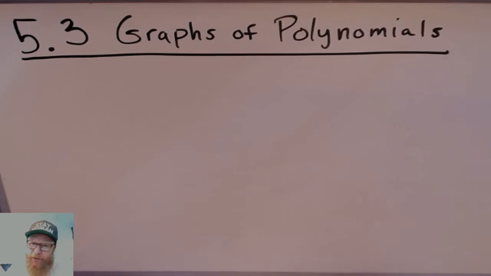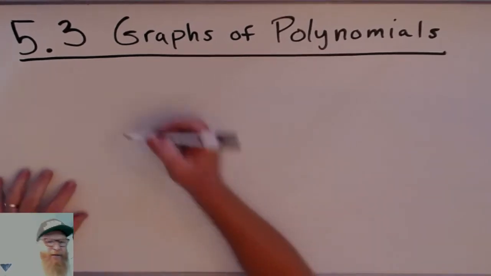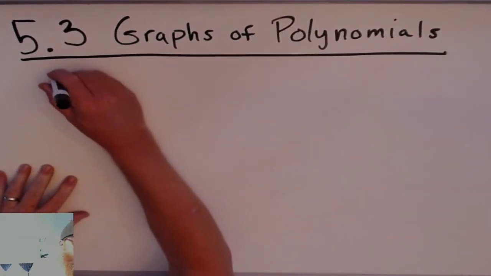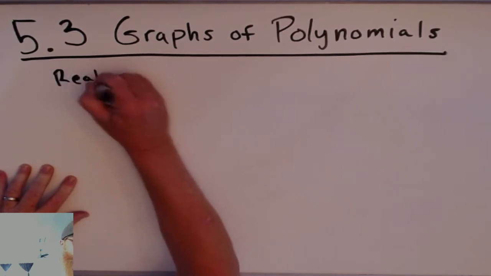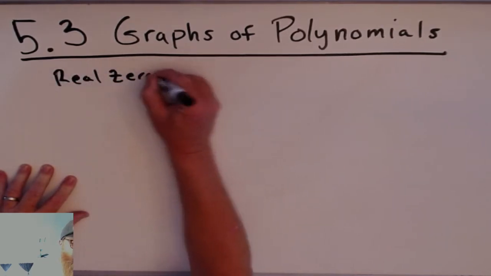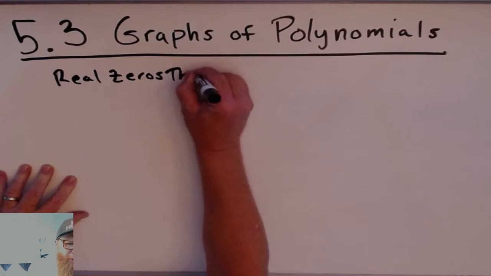So before I actually start drawing any graphs, let's just talk a little bit about the theorems. So we have the real zeros theorem, because we will use these theorems to help us graph.